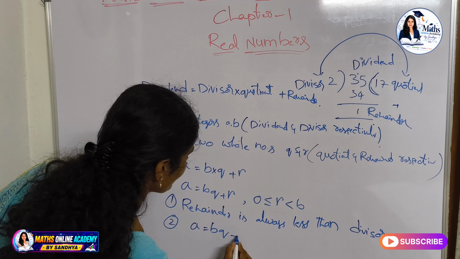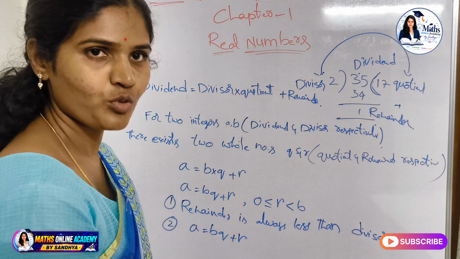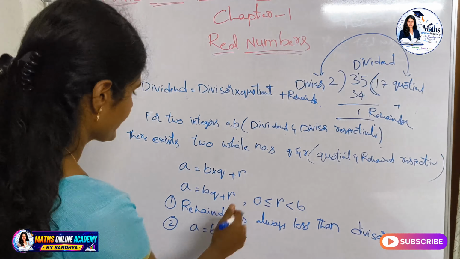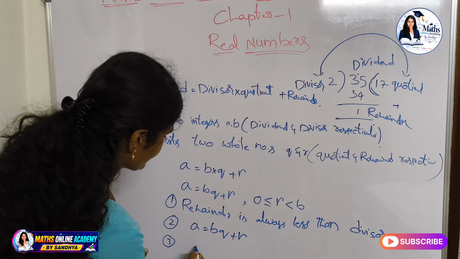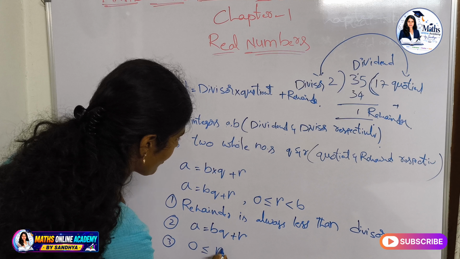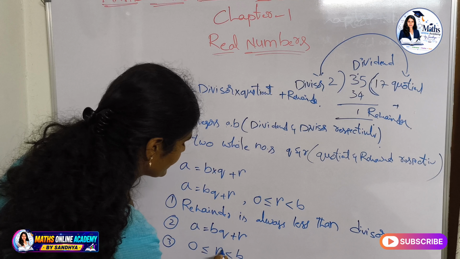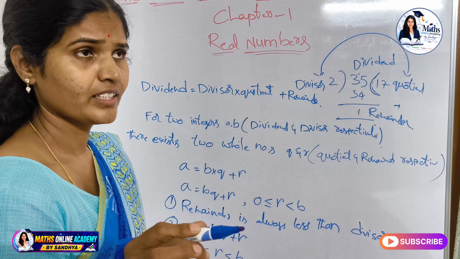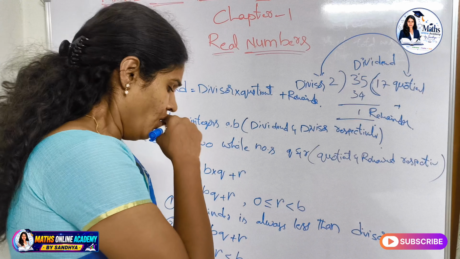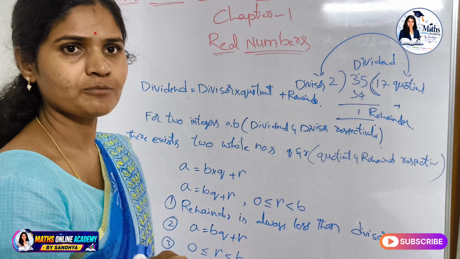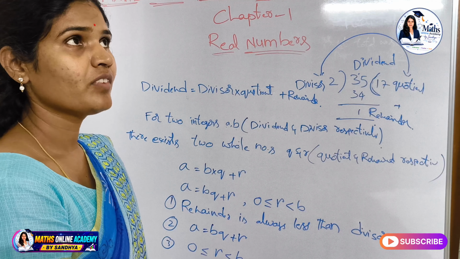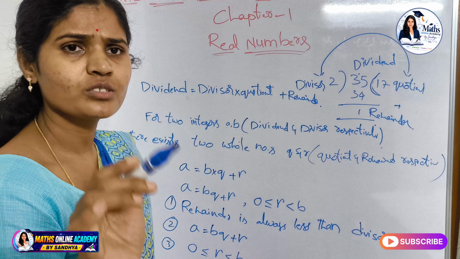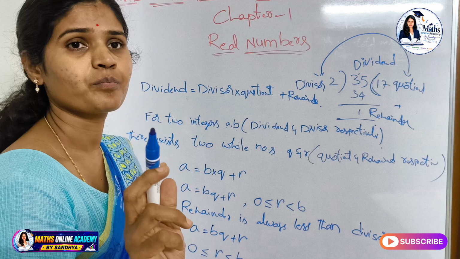By using this formula, we solved so many problems in chapter 1.1, exercise 1.1. And the condition is 0 less than or equal to R less than B. Roughly we have to know: if you know the divisor and dividend, the condition for R is that it should be 0 less than or equal to R less than divisor.